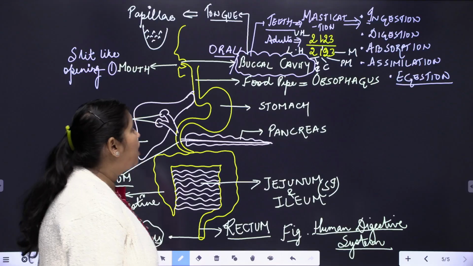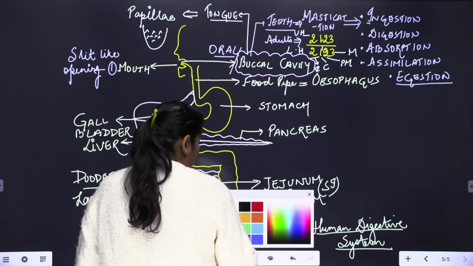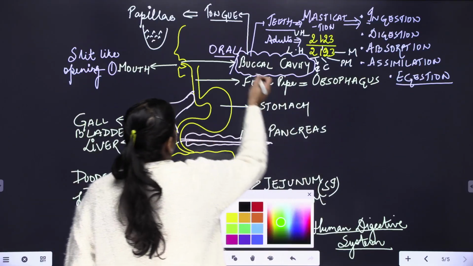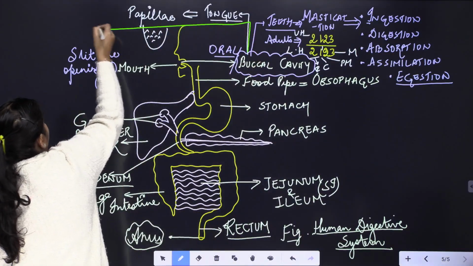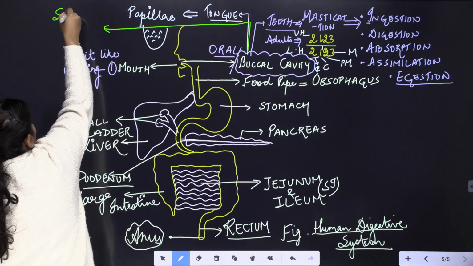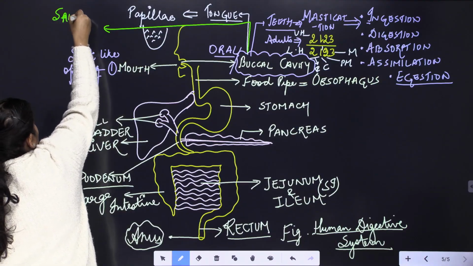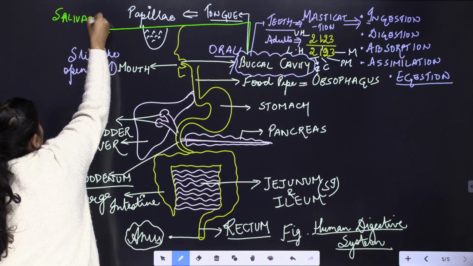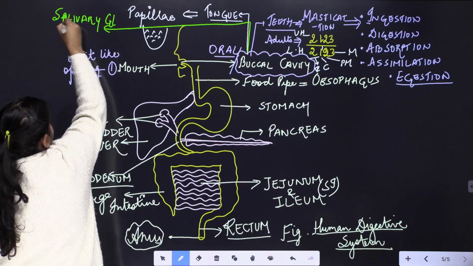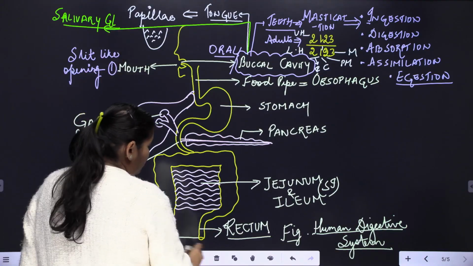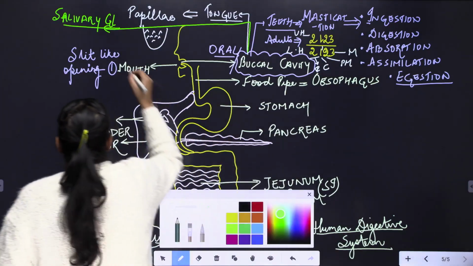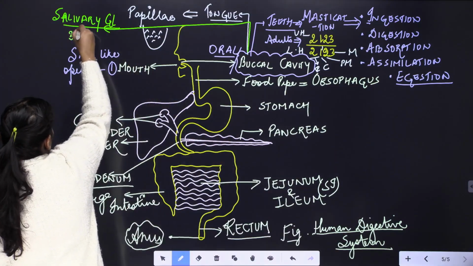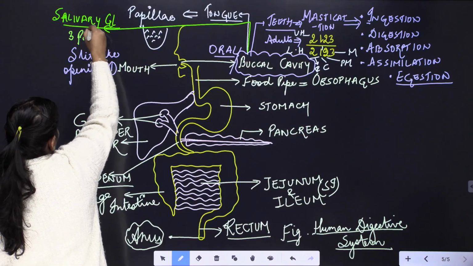The third part of the buccal cavity is the salivary glands. You know that the buccal cavity has three pairs of salivary glands.